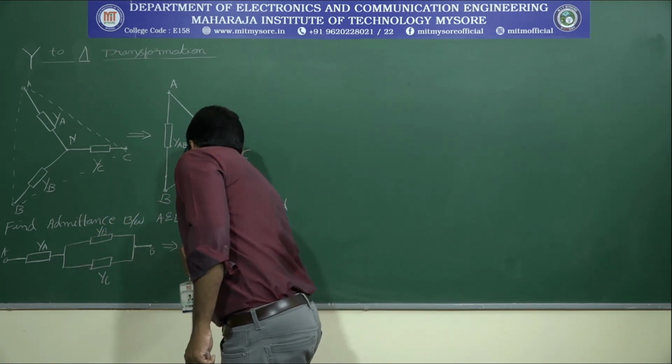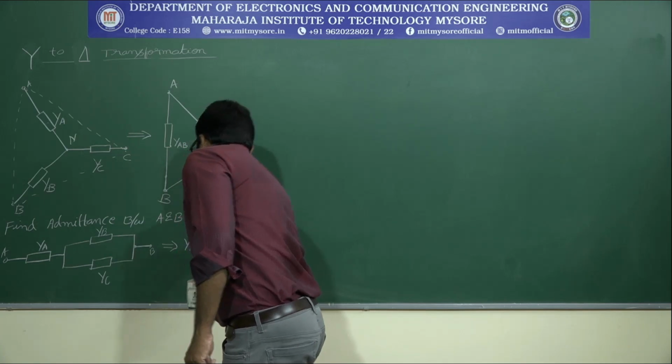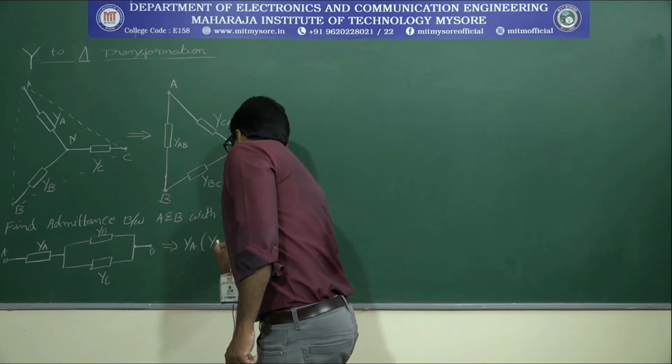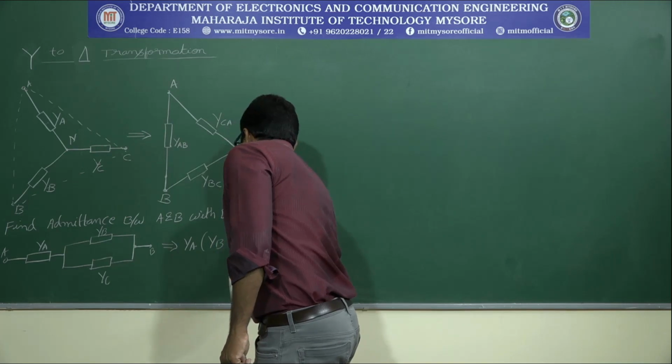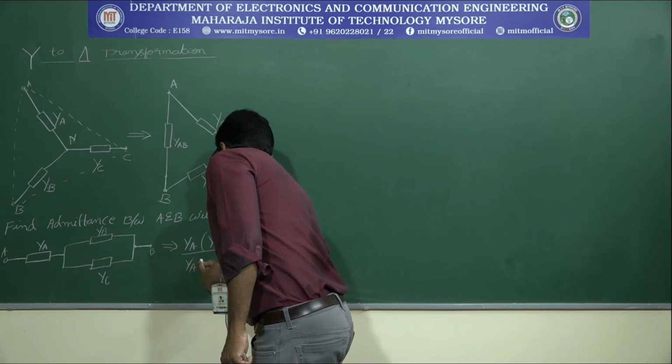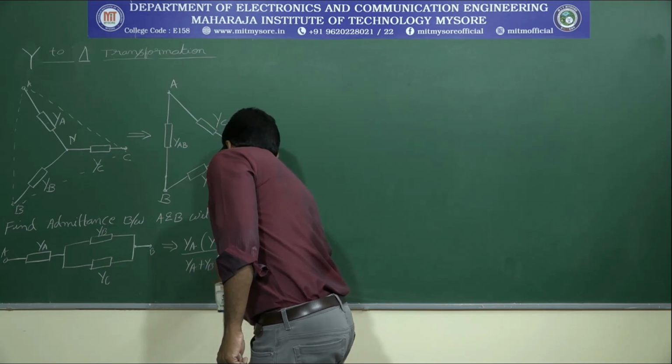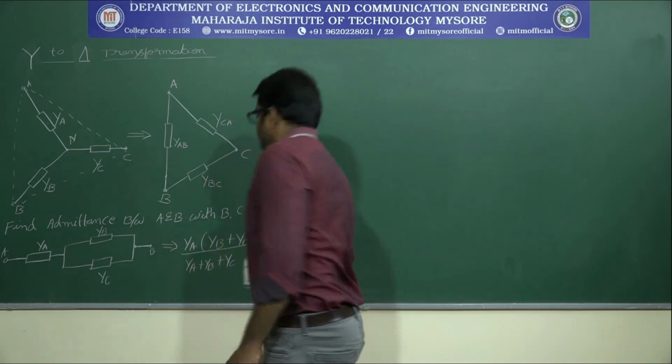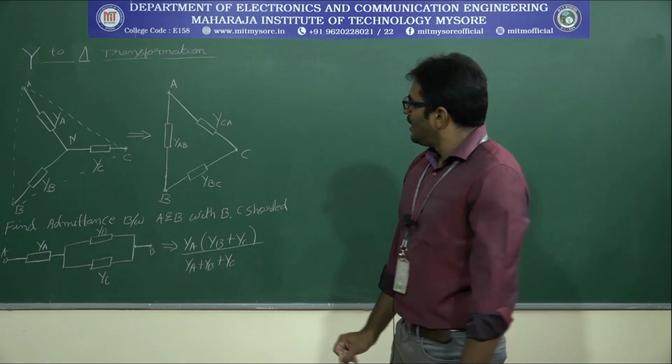YA into YB plus YC whole divided by YA plus YB plus YC. Is that clear?